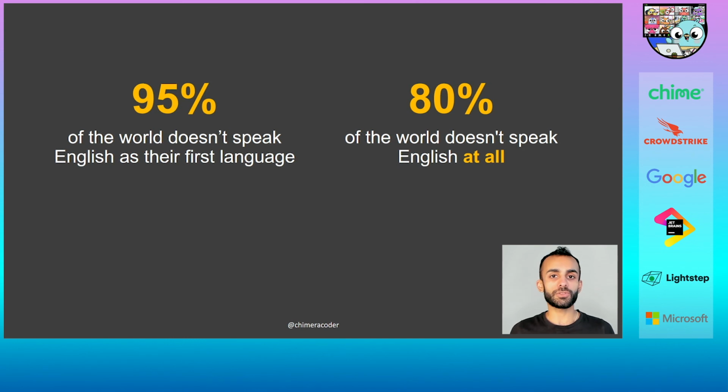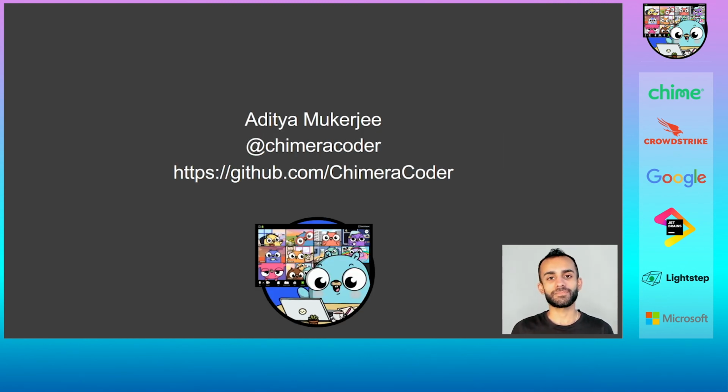We have an opportunity with Go to bridge the language divide in a way that no other programming language has ever been able to do. So let's do it. Let's make Go the first programming language that's truly accessible to everyone, no matter what language you happen to speak. Thank you.